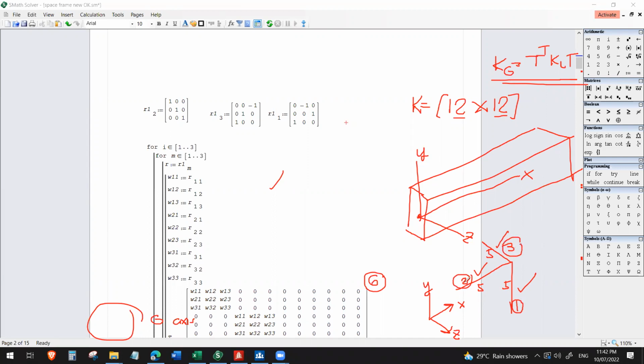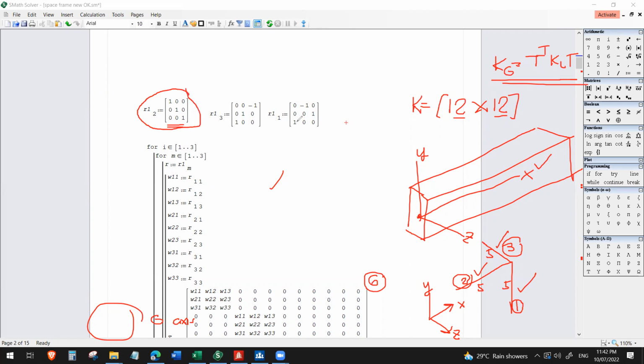Member 2 is simply a unity matrix, so that means no changes in the local stiffness matrix, because its local axis is parallel to the global axis. The local x is parallel to the global x, the local y is parallel to the global y, and the local z is parallel also to the global z. So in that case, its transformation matrix is a unity matrix.